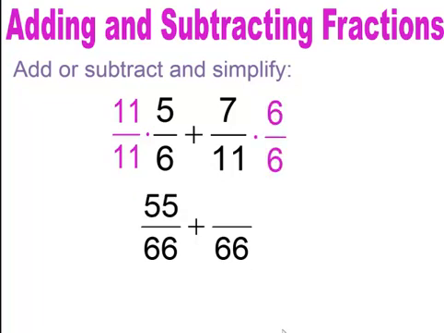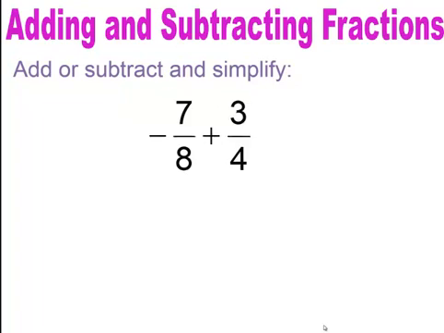The second fraction I'm going to multiply by 6 over 6, and I'm going to get 42. Now I have like fractions, so I'm going to add the numerators, and I end up getting 97 over 63. Leave it as an improper fraction. This is my solution. Pause and try.